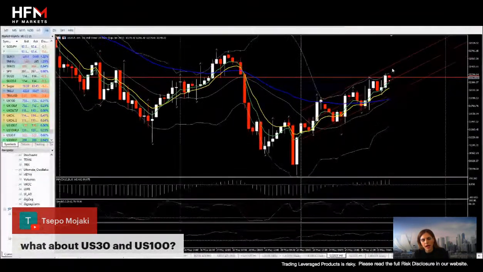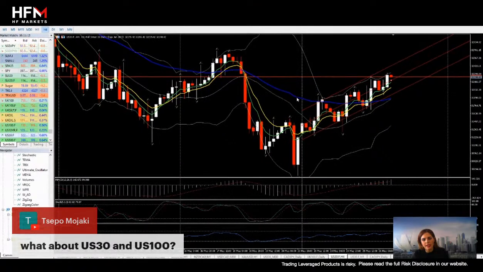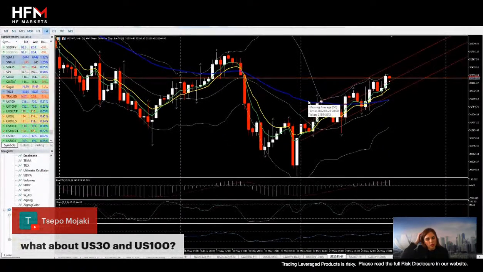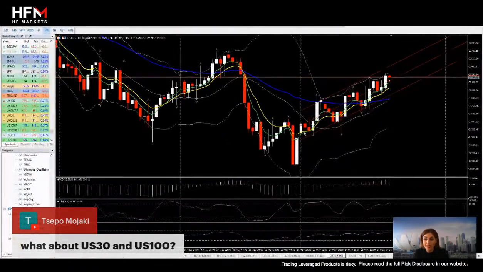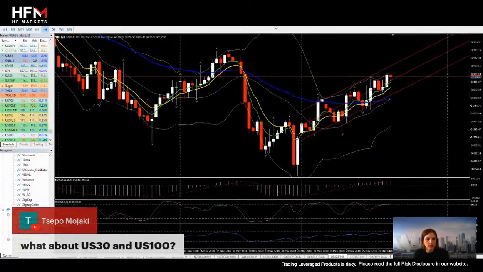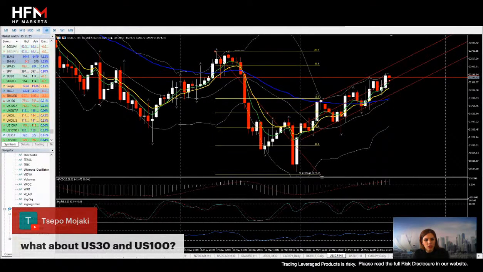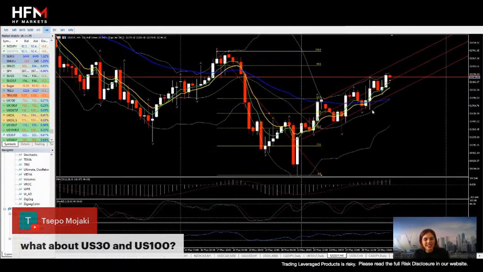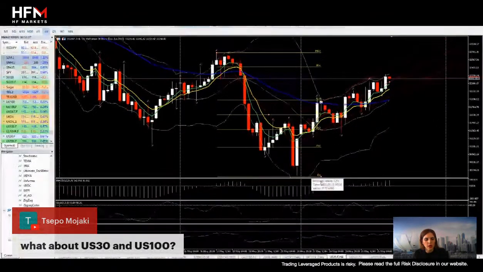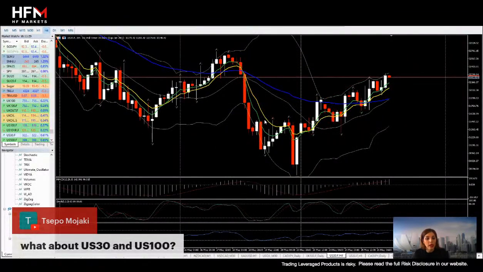It keeps posting higher highs, so there is quite a well supported USA 30, the Dow Jones, which has managed to recover more than 70% of the losses that we have seen last week. So the next resistance area for the asset is up here in the 32,700 territory.